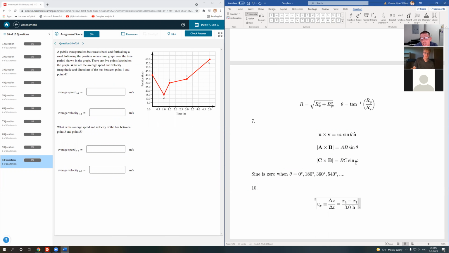But the speed is a little bit trickier. Let's see, how would you do this? You could write the speed like this, I guess.